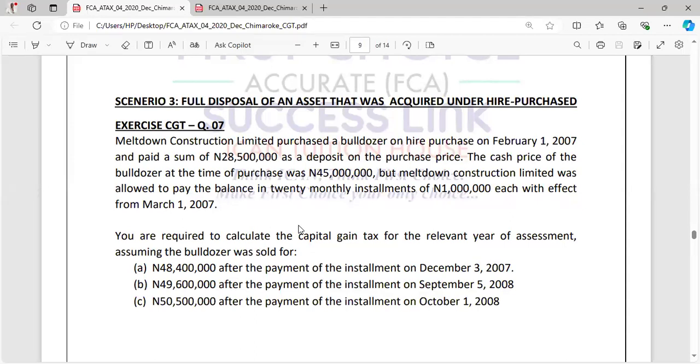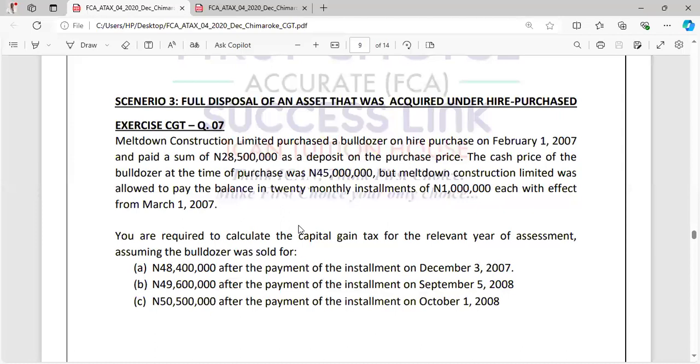It means you are making equal installments whenever you are making payments. And for this purpose, as you are making equal installments, you are making capital payments and you are making interest payments.